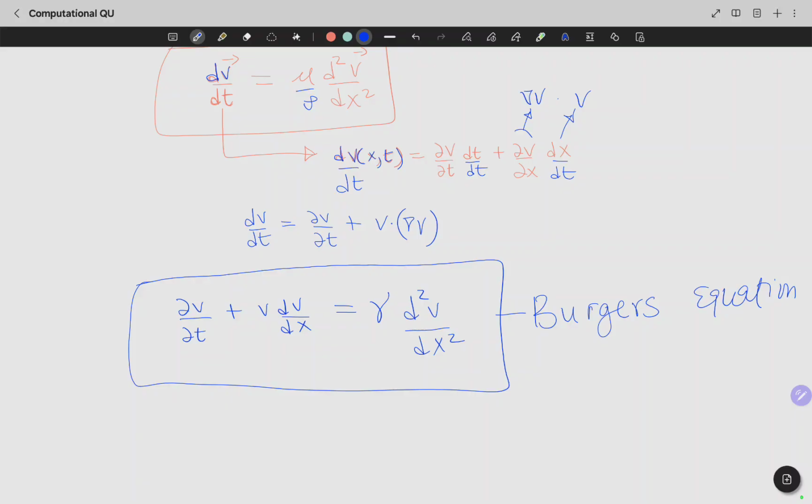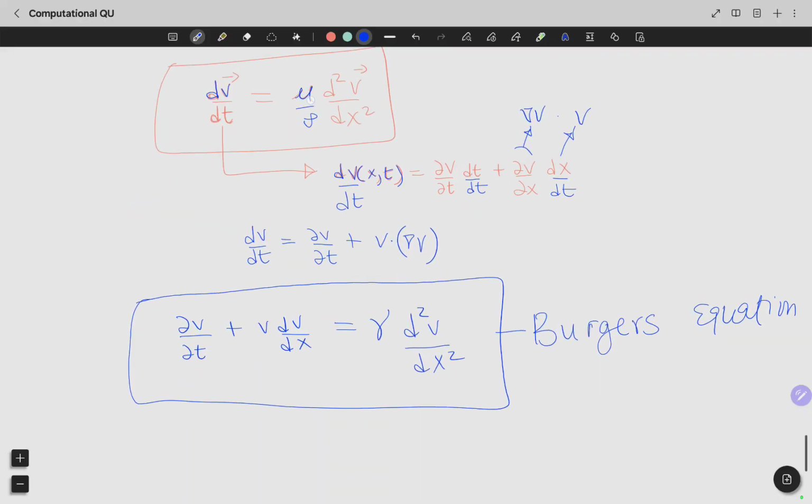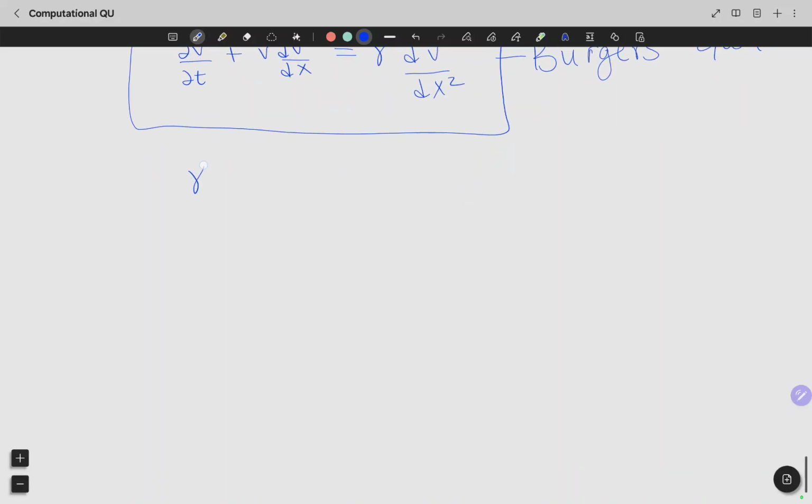This is called Burger's because it has a solution. And what is this gamma? It's just a name for mu over rho. So gamma is the dynamic viscosity over density. We call it kinematic viscosity.